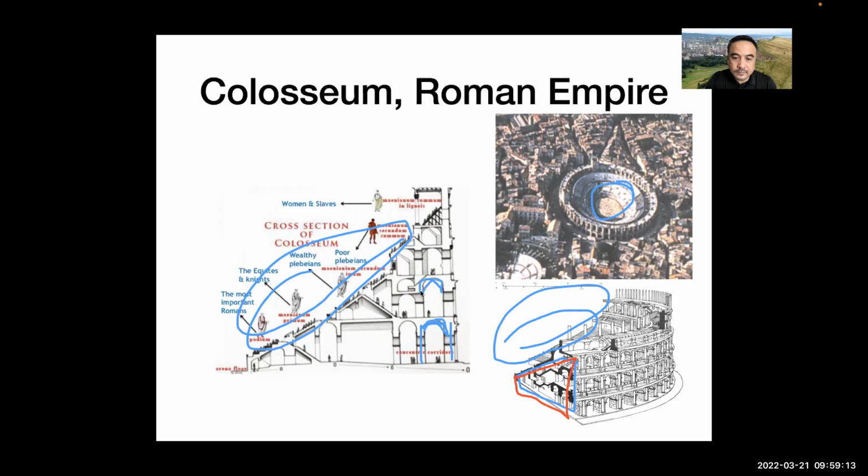Arc is this curve, right? So it does not look like post and beam, but the way the arc comes to help, it allows us to have a long span. This is the scale of human.